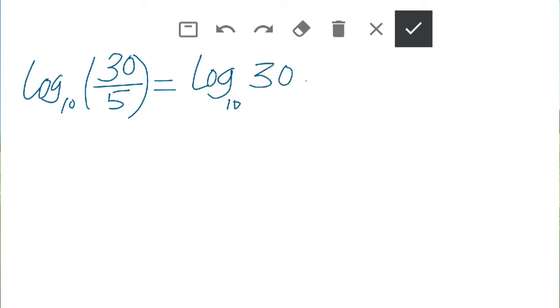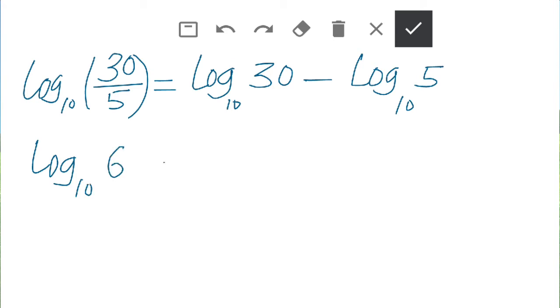Now instead of divide, we shall subtract, because we are dealing with division. So we're going to subtract log to base 10 of 5. On the left hand side, it's the same as writing log to base 10 of 6, since 30 divided by 5 is 6. Let's see, is log to base 10 of 6 the same as log to base 10 of 30 minus log to base 10 of 5 from our calculators?